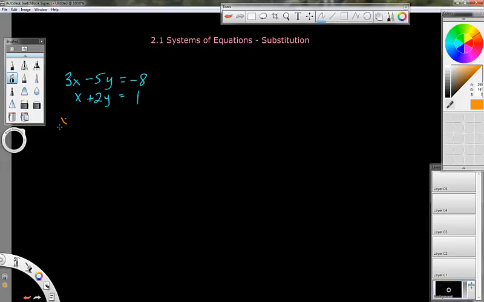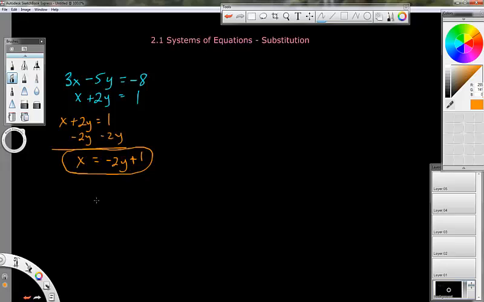So what I'm going to do is I'm going to rewrite this down here, and I'm going to solve this thing for x. All right, I'm going to get x by itself, so I'm going to subtract 2y, and I have x equals, I'm going to do this super neat because one little negative sign and you are toast on this. Okay, that is correct, and actually I'm going to put a circle around that because I will come back to this in a while.